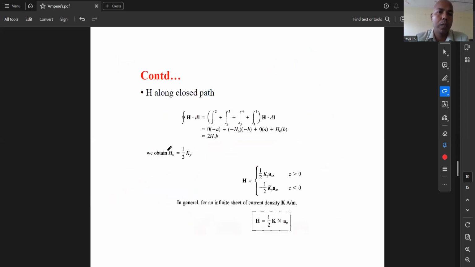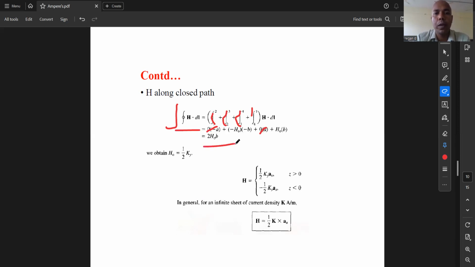Now we can write the total magnetic field. The total magnetic field is the closed line integral over the path of H dot dl, which is equal to 1 to 2, 2 to 3, 3 to 4, 4 to 1. In this, 1 to 2 and 3 to 4 are equal and opposite, so they cancel each other. So the resultant is only 2 to 3 and 4 to 1.